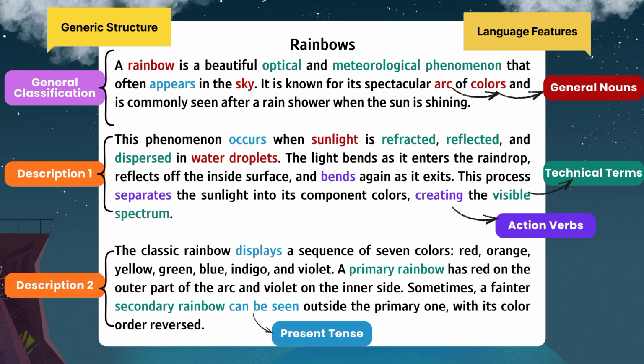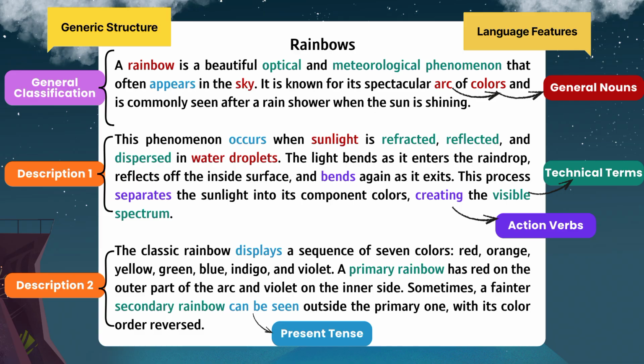On the right are the language features of report text, each marked with a different color. The language features of the report text, rainbows, are clearly identifiable. It uses general nouns like rainbow, phenomenon, and colors. The text includes technical terms such as refracted, dispersed, and spectrum to explain the scientific process.